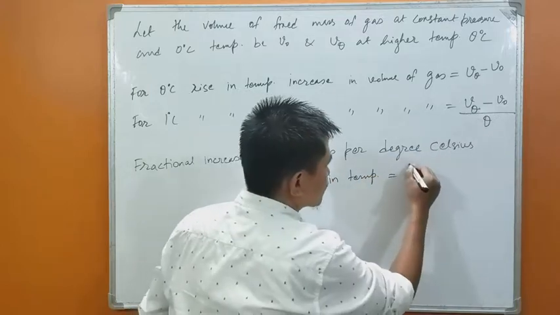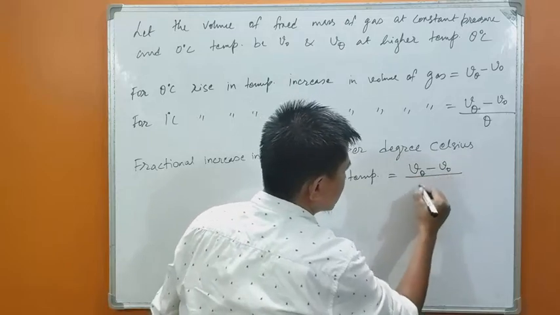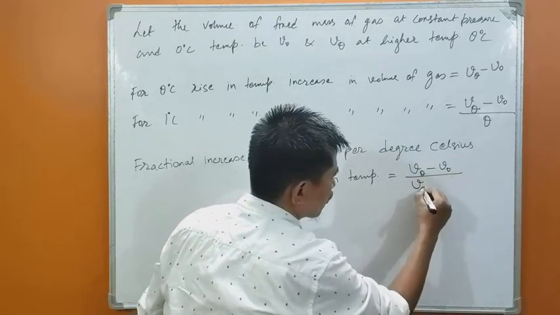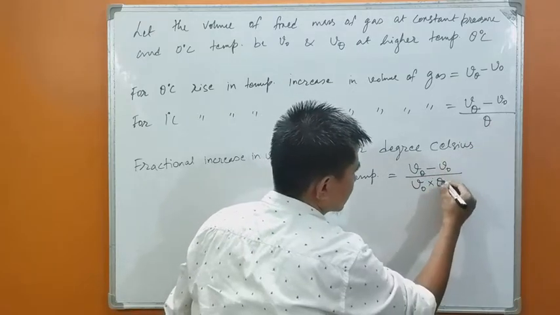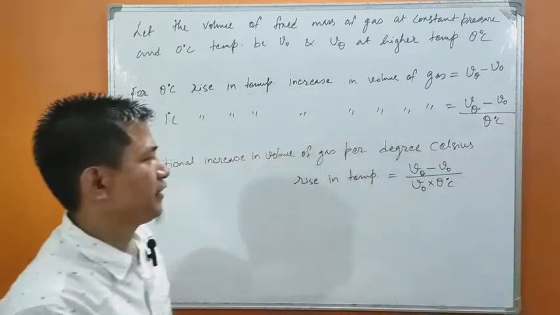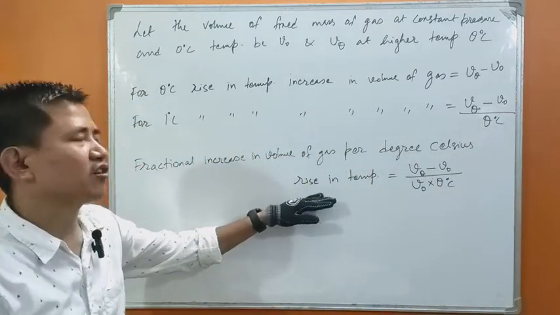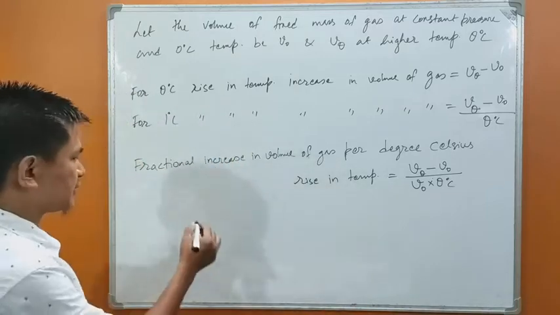So increased volume is V theta minus V naught, divided by original volume, into increase in temperature, theta degrees Celsius. Okay, so this is actually called the coefficient of volume expansion of gas, isn't it?